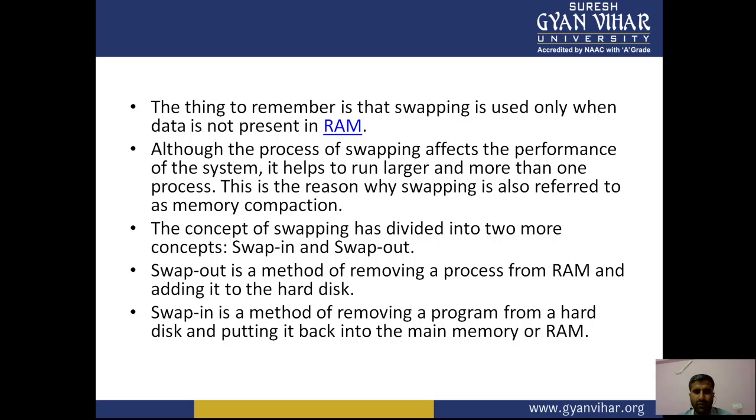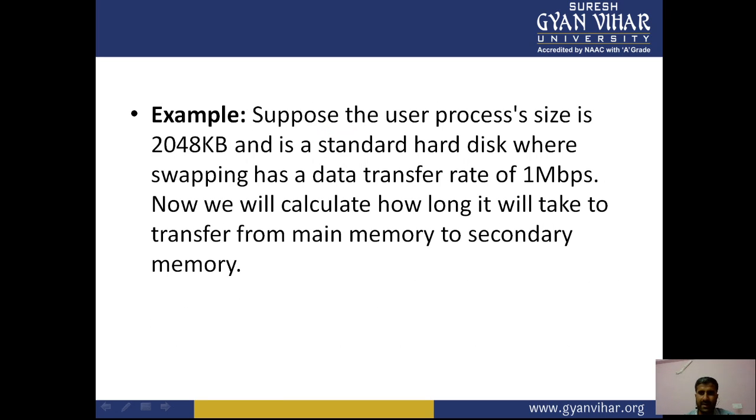This is the concept of swap out. At the same time, swap in is a method of removing a program from the hard disk and putting it back into the main memory or RAM, right? So this is the basic concept of swap in and swap out.